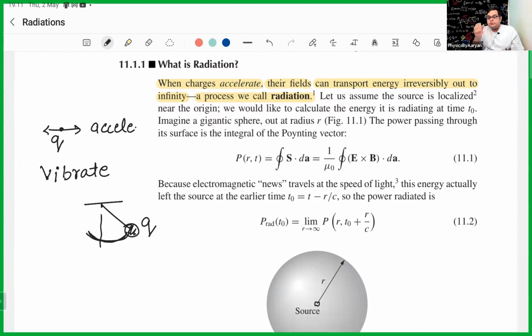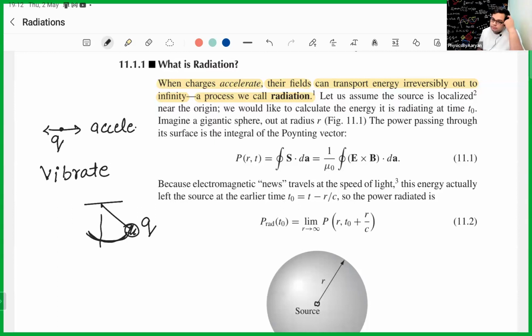Its oscillations will damp out, slowly decay, and it will come to rest. So whatever energy this charge had, it will lose that energy to the radiation. Radiation basically means that your fields are carrying the energy, and this energy is being carried out to infinity. And that is the basic source.